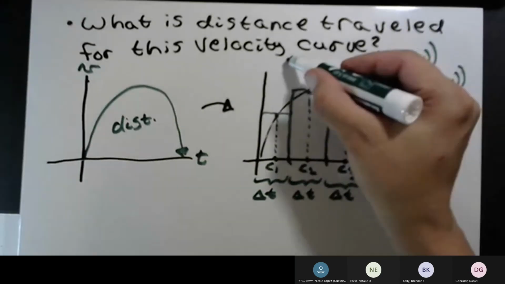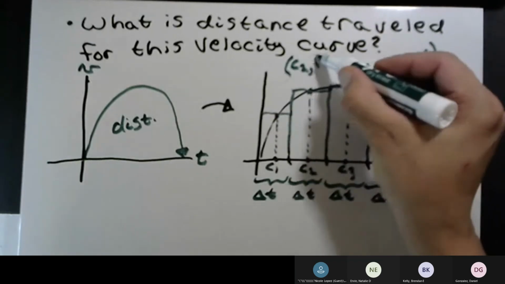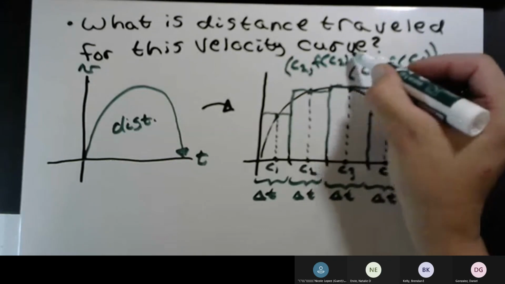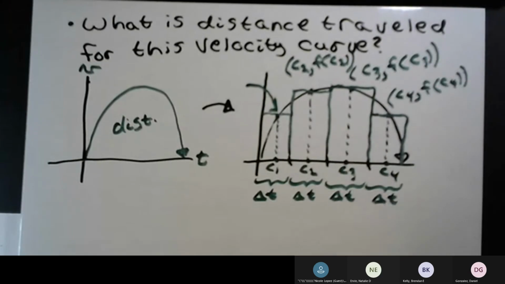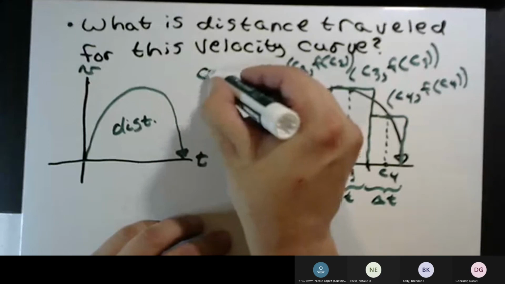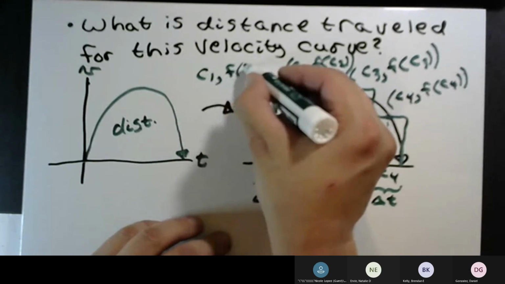This one, C2, f of C2, and then this one would be C1, f of C1.